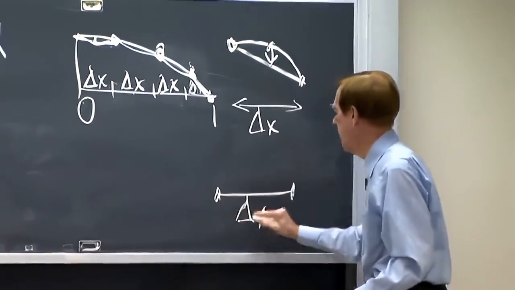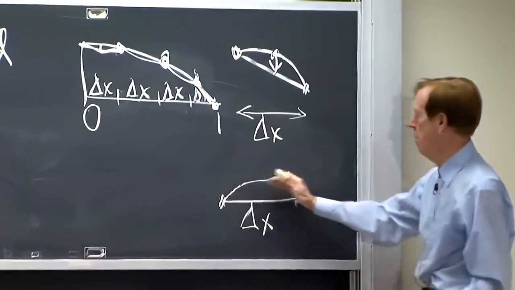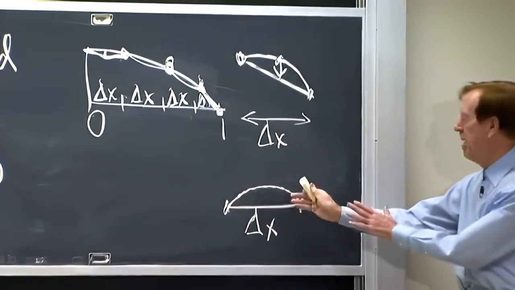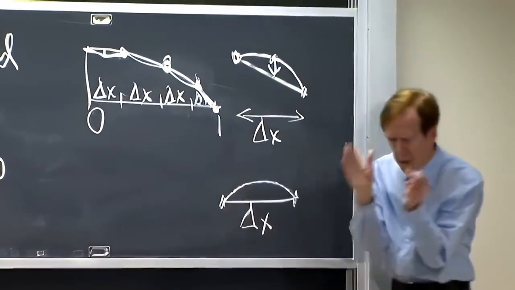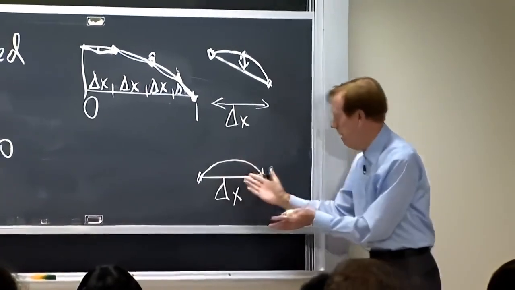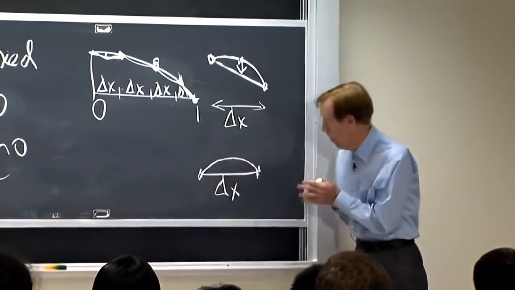Again, this is delta x. Now it would look like that, pretty much. It doesn't have to be symmetric, of course, because this could be a complicated function. But when I focus on a little delta x interval, every function looks like a little polynomial.